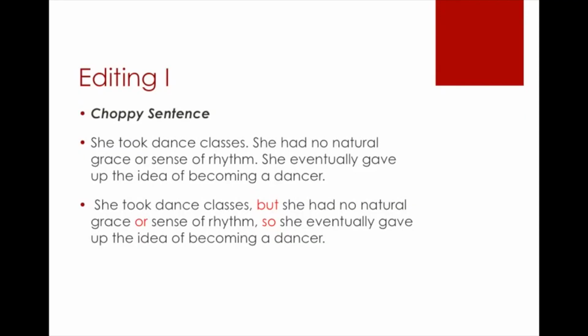Here, the writer uses three coordinating conjunctions, but, or, and so, and the three sentences eventually become one single sentence. However, when you use these conjunctions, you need to be careful to use appropriate transition words.